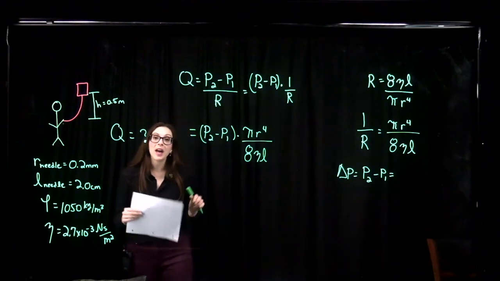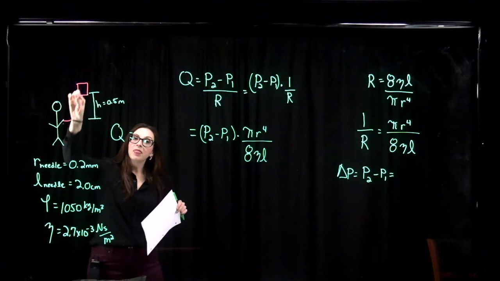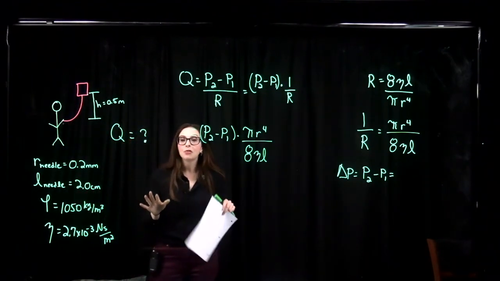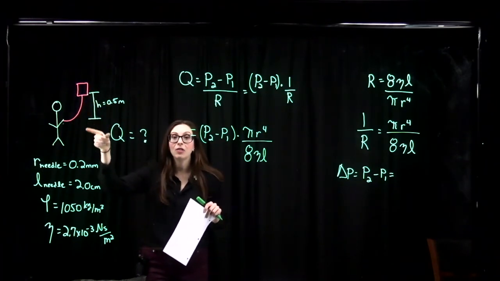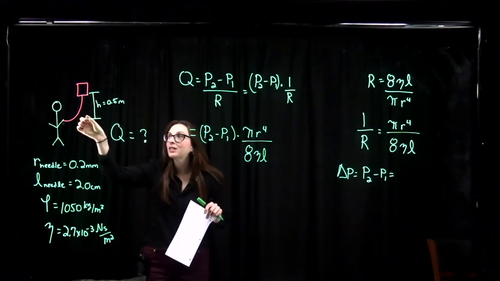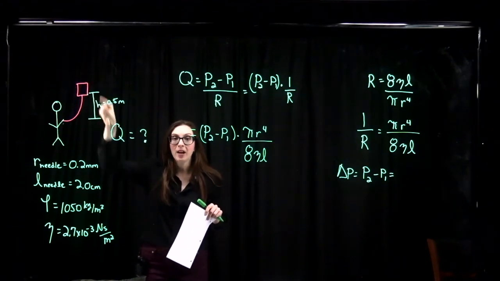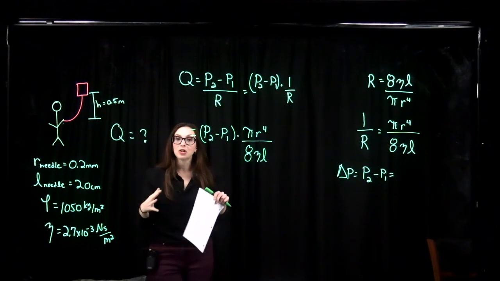Okay, and so that difference in pressure, the difference in pressure between here and here, is only going to come from the pressure from the height of the column of blood here. And that column of blood is the blood essentially in this tube that's connecting our container of blood to the person.